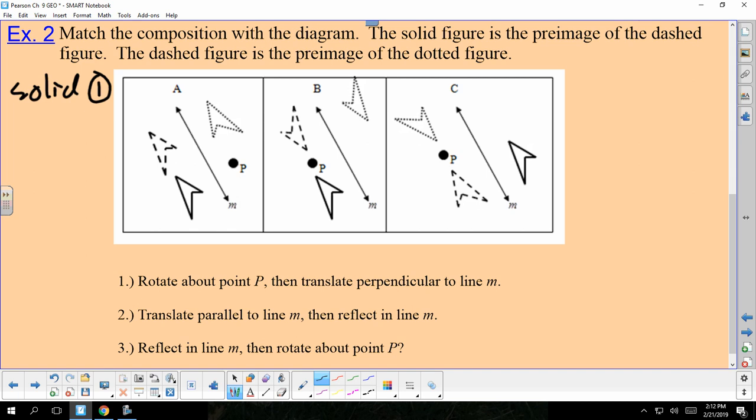Then we're going to go to the dashed. That's the image of the solid figure. And then the image of the dashed figure is going to be the dotted. That's our third. That's our ending spot. All right. So what I'd like you to do is, for these descriptions down below, write A, B, or C as to which one describes each of those circumstances.